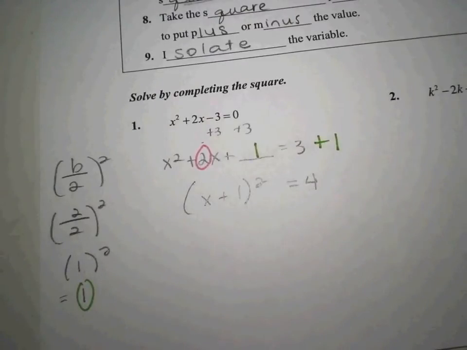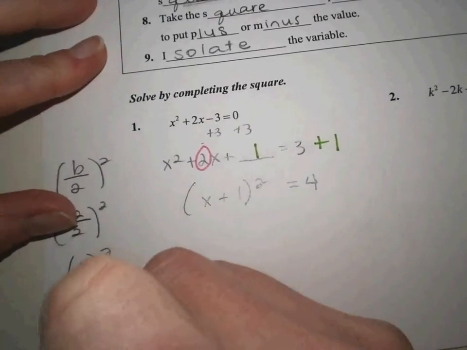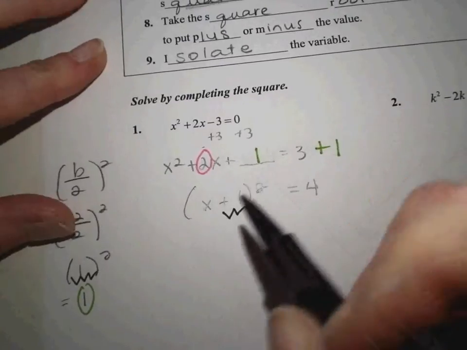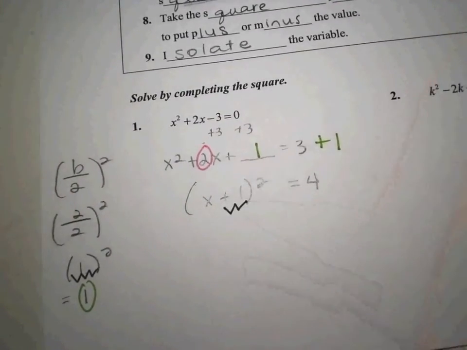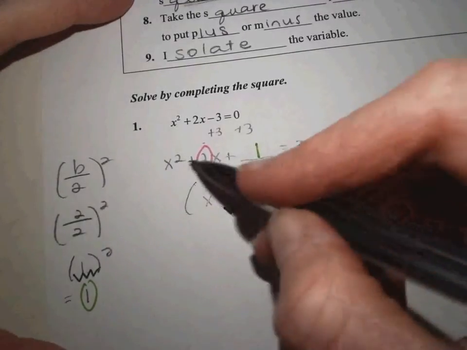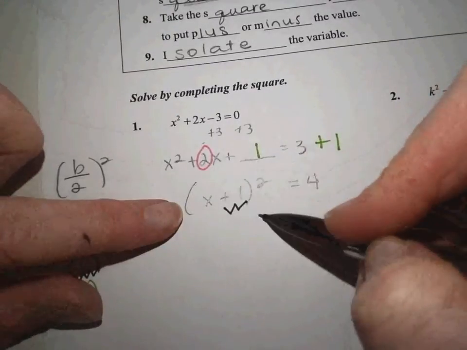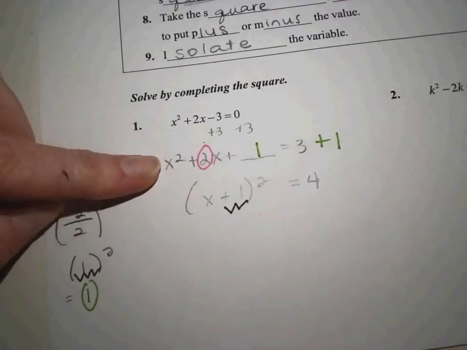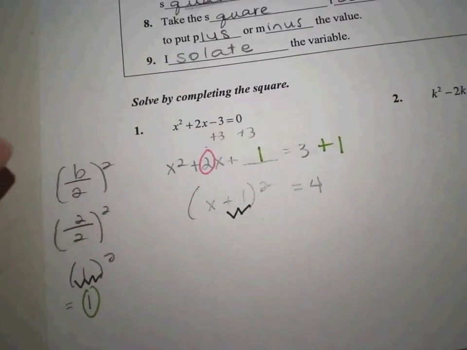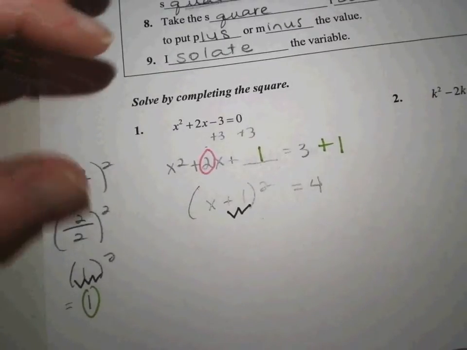Another way to recognize that is this b divided by 2, that's always the value that will go there in the factored form. So why did it turn into x plus 1 squared? Because that's the factored form of this perfect square trinomial. If you look back at the question we did earlier, we were able to see that in reverse.